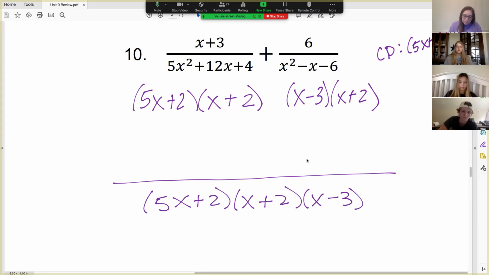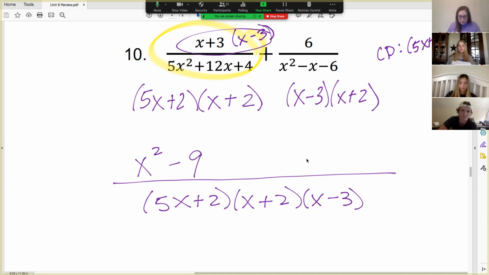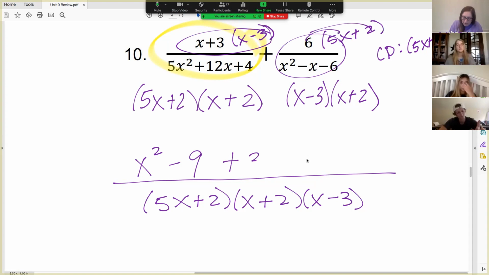Then I look at the first fraction and I decide, well, what am I missing? I'm missing an x minus 3. And so if I factor those, it's actually a difference of squares, and it becomes x squared minus 9 plus what's missing from this fraction is a 5x plus 2. So if I distribute that, I get 30x plus 12.